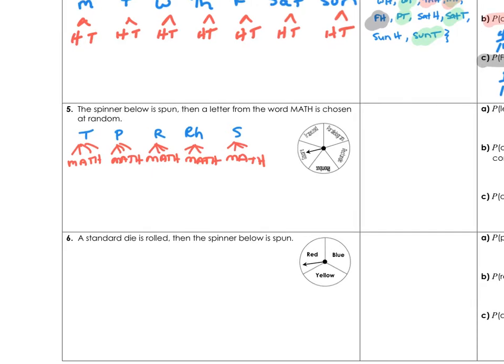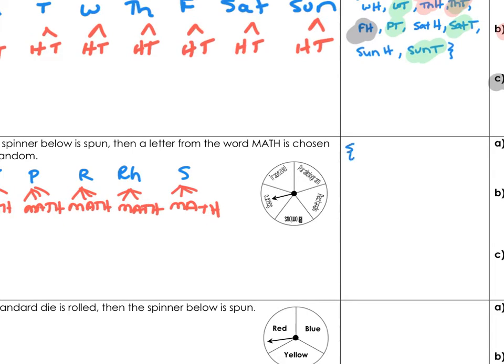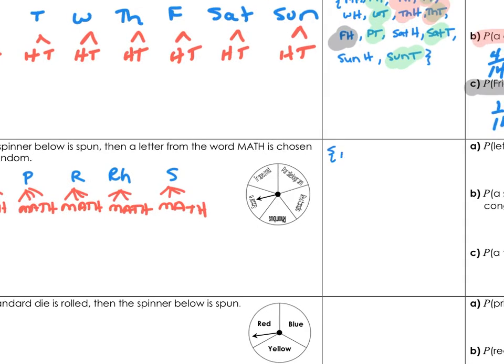So now we're going to go over here to our sample space. We've got our bracket, and what did we start out with? Trapezoid. So we've got trapezoid M, trapezoid A, trapezoid T, trapezoid H. Then we've got rectangle M, rectangle A, rectangle T, rectangle H. Then we've got, oopsies, I totally forgot parallelograms, guys.